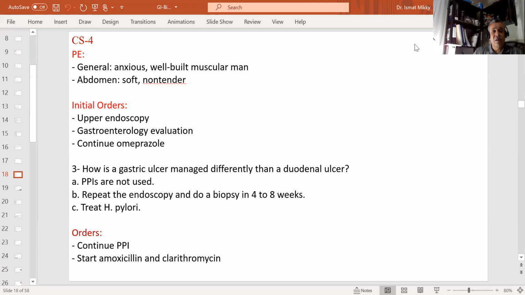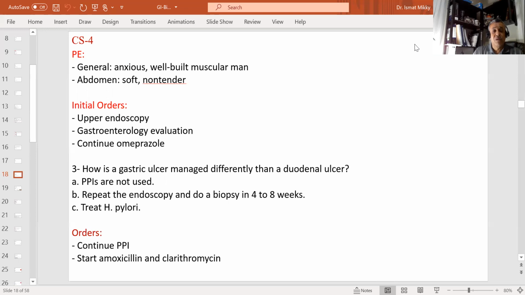Number 3, how is a gastric ulcer managed differently than a duodenal ulcer? The answer is B, repeat the endoscopy and do a biopsy in 4 to 8 weeks. The gastric ulcer is associated with cancer. It is a risk factor for gastric cancer.